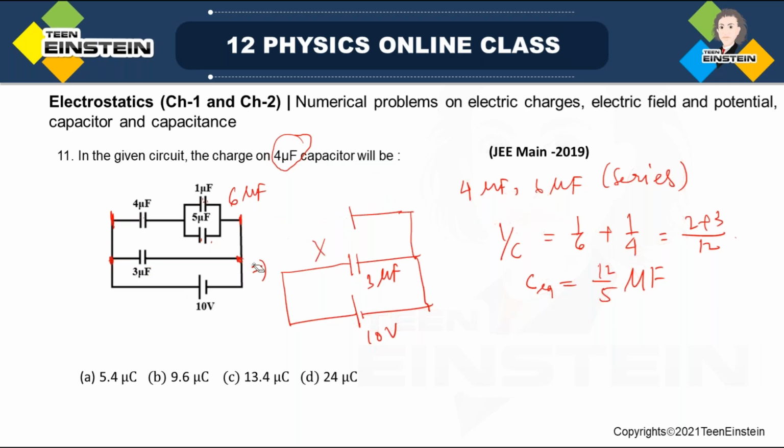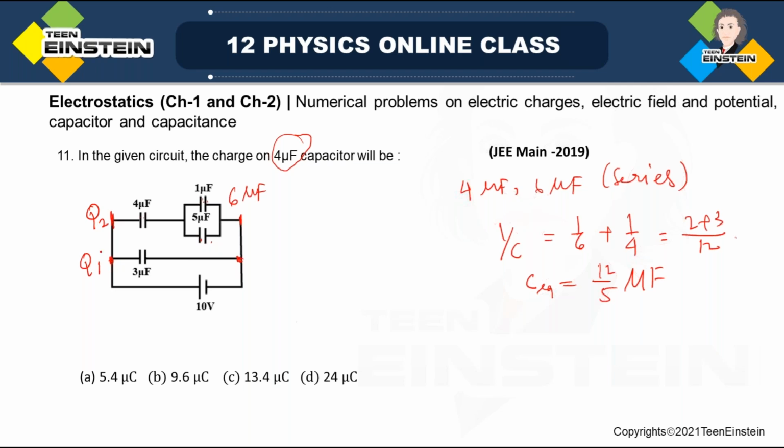And one more thing you have to remember, in a parallel circuit the total charge will be divided, Q1 and Q2, like this. Total charge will be divided into 2 branches. Since this part and this part are in series, the same charge Q2 will flow through both of them.